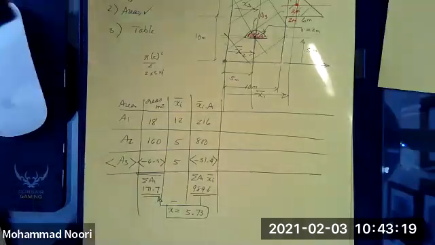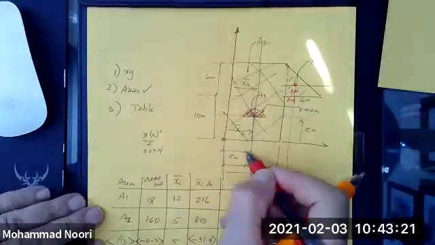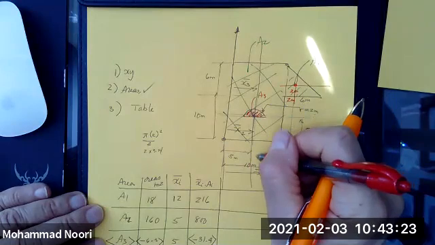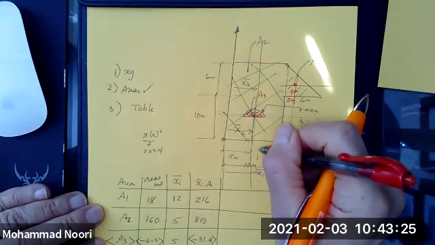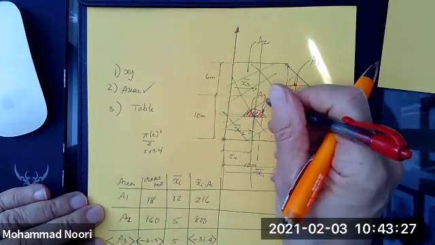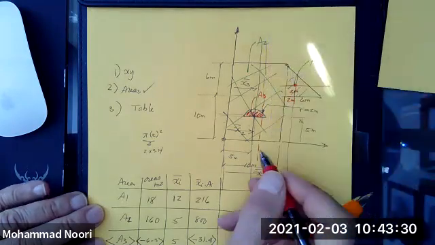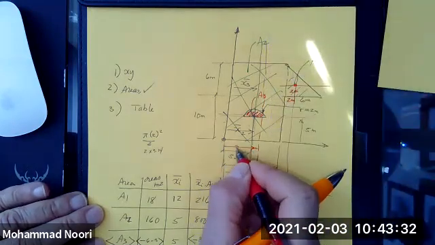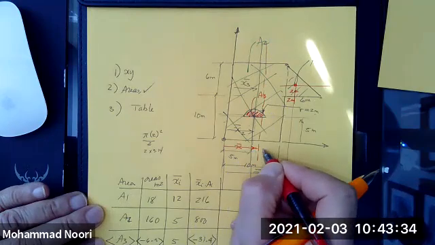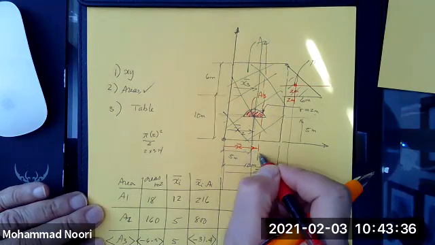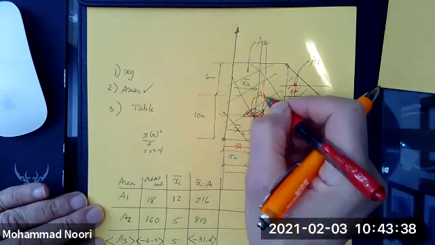Okay, so now the centroid will be along this line, which is X bar, that is 5.73. How do I find this distance?